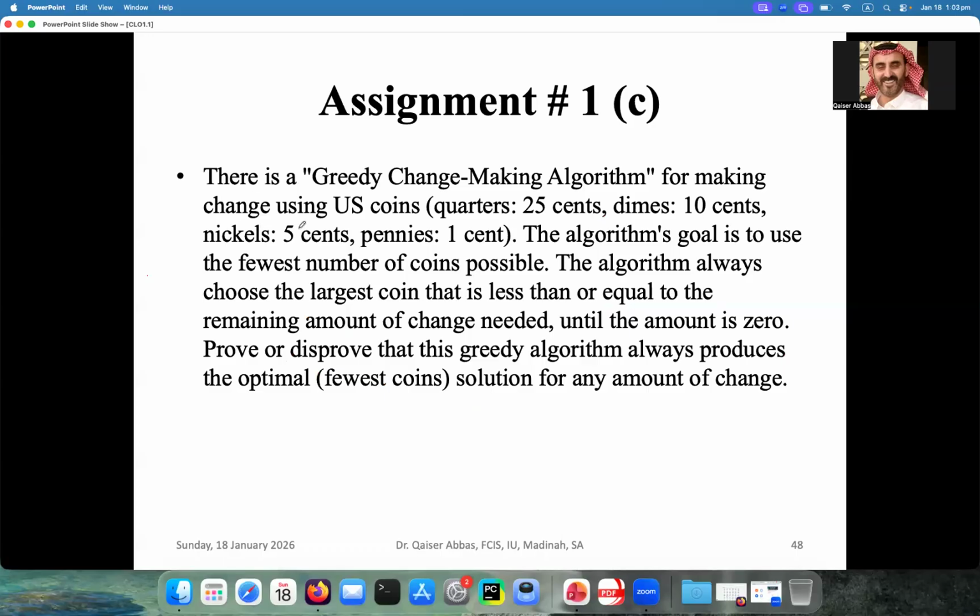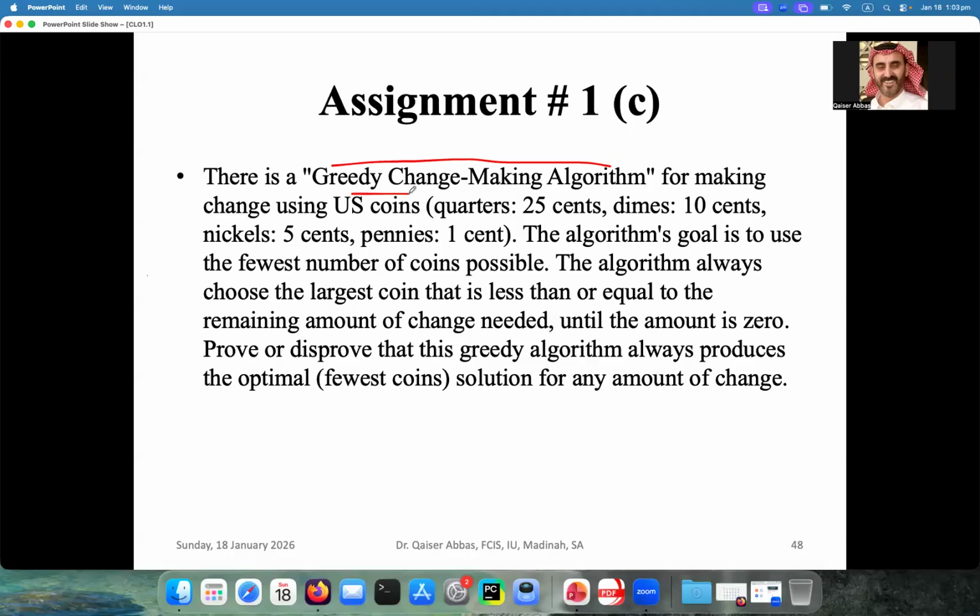So now assignment number 1, C. There is a greedy change making algorithm. You give some currency and it will change your currency into coins.